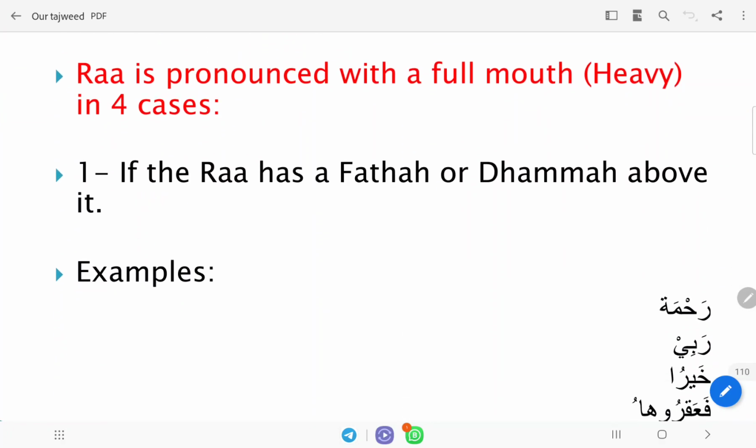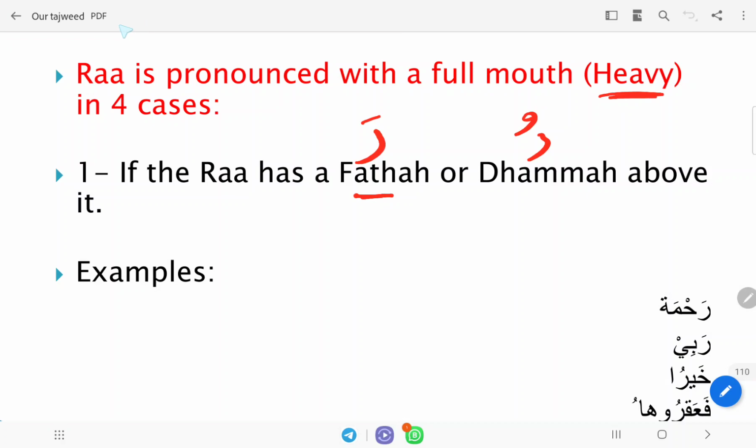The first case, if the ra has fatha or dhamma above it, here the ra is heavy.